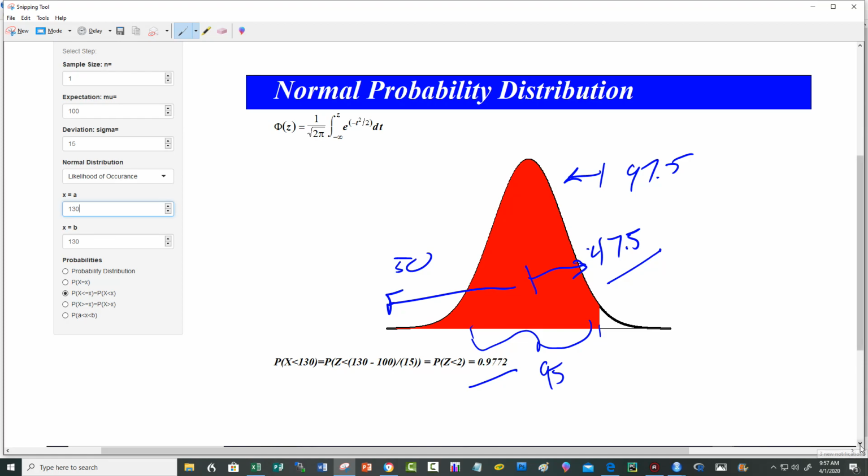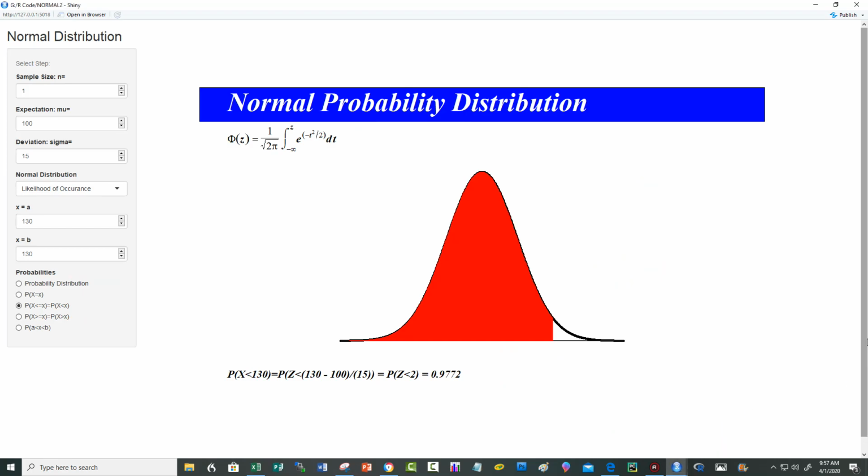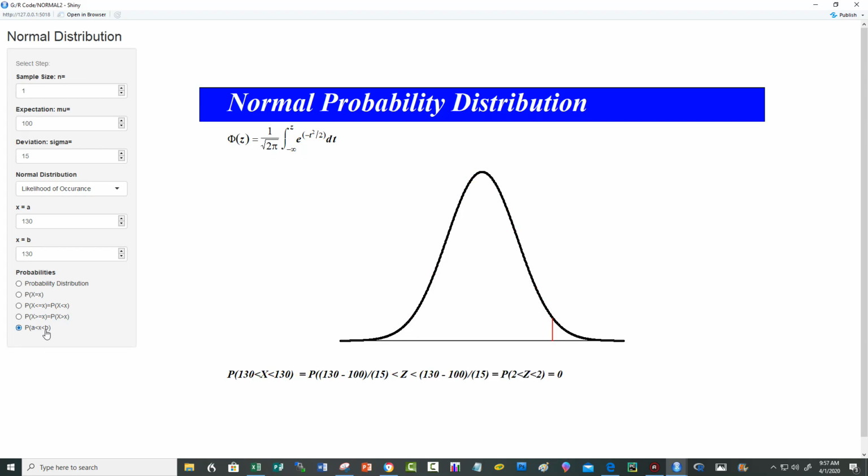Actually, let me go ahead and go through the lecture notes, because I'm pretty sure we covered that before we switched gears. So let's go back to the app. Alright, so if I wanted the values between two data values, then I would just turn on both of them and say, what is the likelihood that you're between these two values?